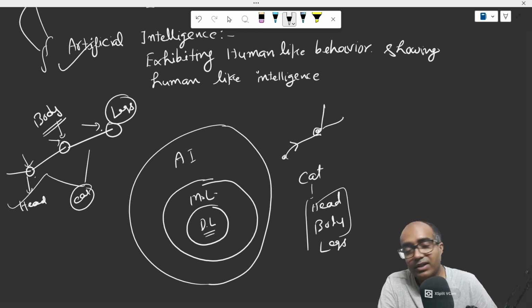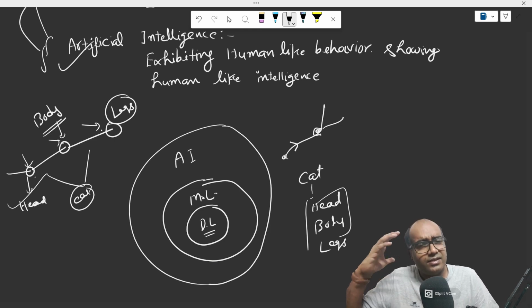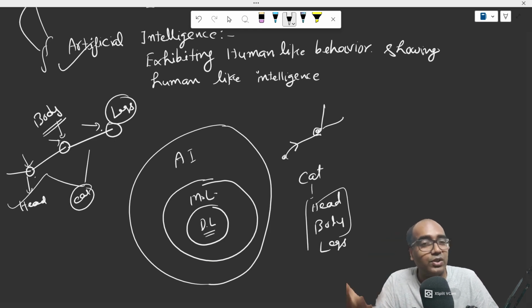So you might have understood what I'm trying to say with respect to deep learning. Deep learning means just like we learn through our neural network, our understanding, our perception, our perceiving capability, all those things are due to the neurons only.